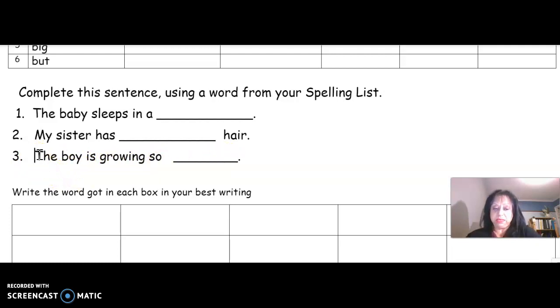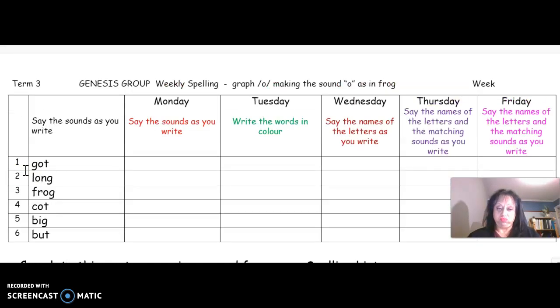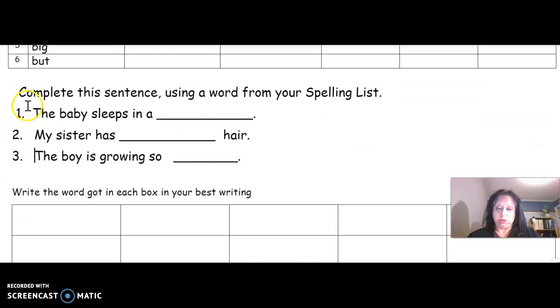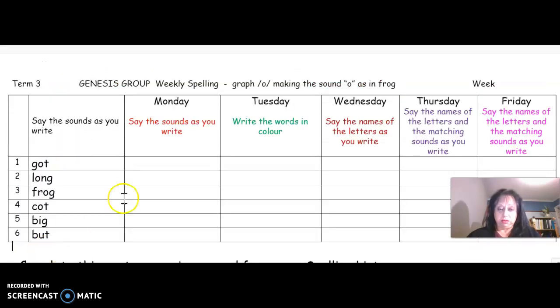The boy is growing so got. The boy is growing so long. The boy is growing so frog. The boy is growing so cot. The boy is growing so big.